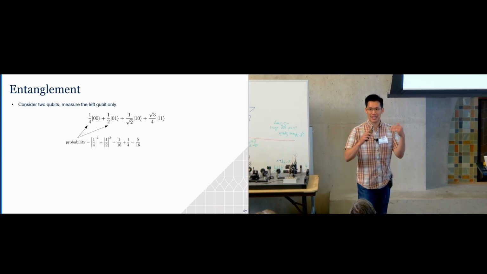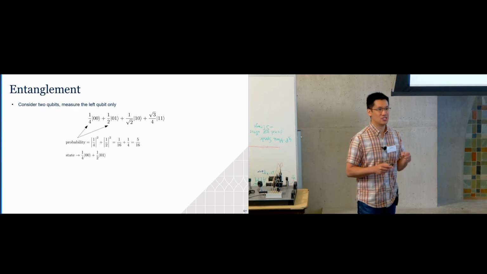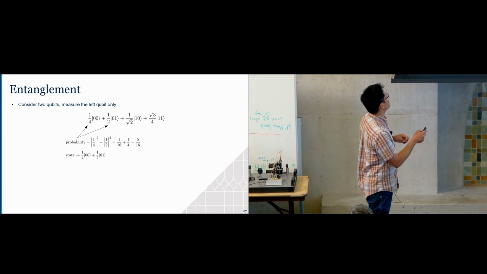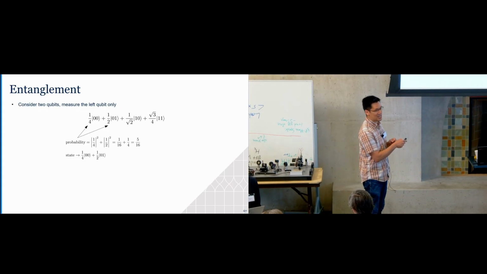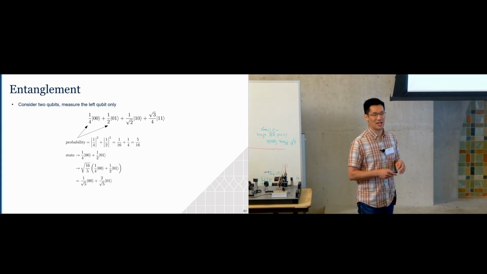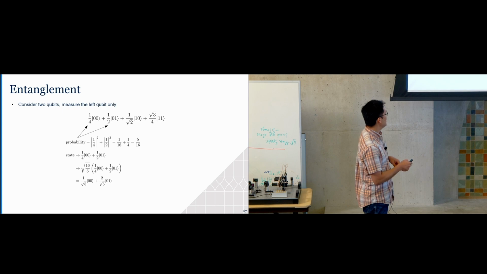And then the state is going to collapse to these two here where the left qubit is 0. But this isn't normalized now. The total probability here is not 1, so we're going to multiply it by a constant to properly normalize it, so it should look like that. And now I can factor out that the left qubit is 0, and the right qubit is 1 over root 5 times 0 plus 2 over root 5 times 1.